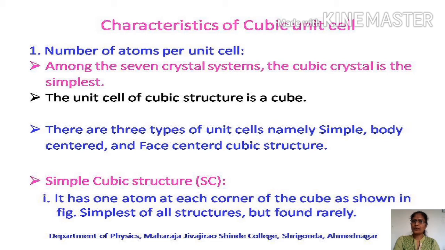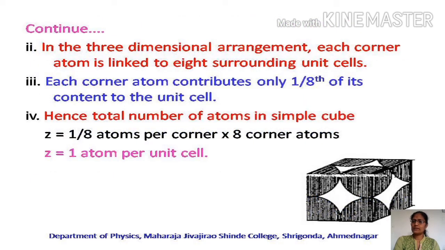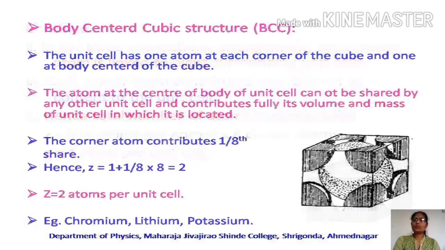Number of atoms per unit cell for SC comes out as Z is equal to 1 by considering the contribution due to the corner atoms. Then in case of BCC, the Z value comes out as 2 because the contribution due to the corner atoms is 1 and there is an extra atom which is located at the center of unit cell.